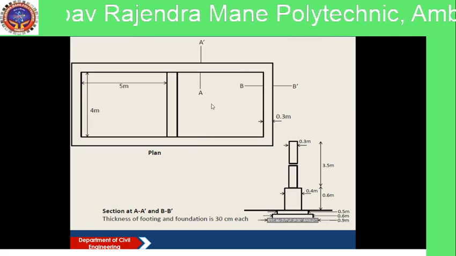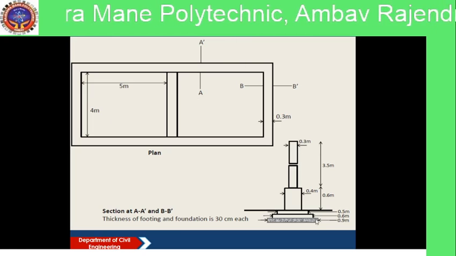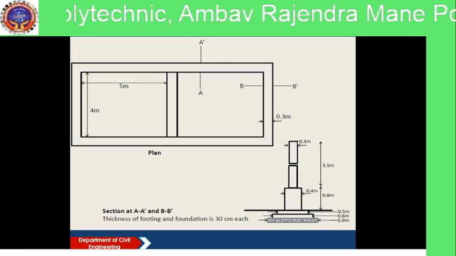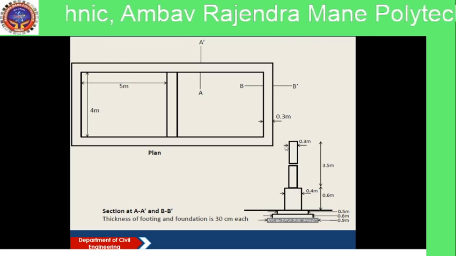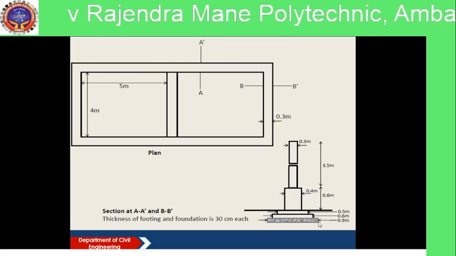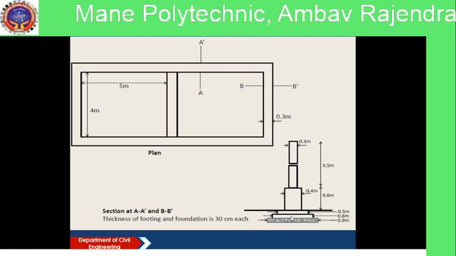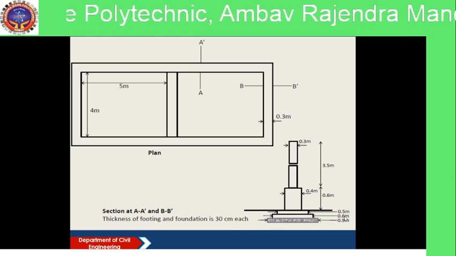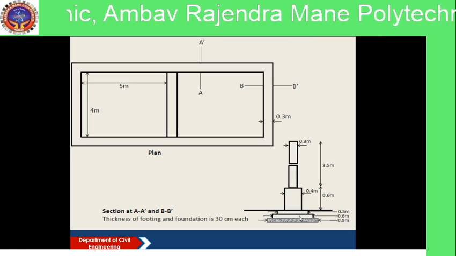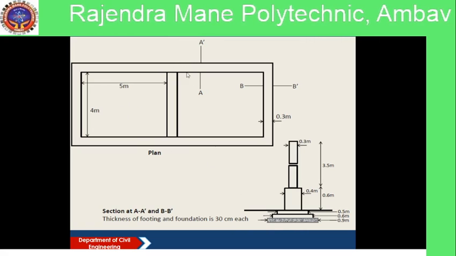There are two rooms of 5 meter by 4 meter, again 5 meter by 4 meter, and the section is the same. Superstructure wall is 0.3 meter, plinth wall has width 0.4 meter, concrete has width 0.9 meter and thickness 0.3 meter. Then brickwork in foundation: first step is 0.6 meter width and thickness 0.3, second step is 0.5 meter and thickness 0.3.